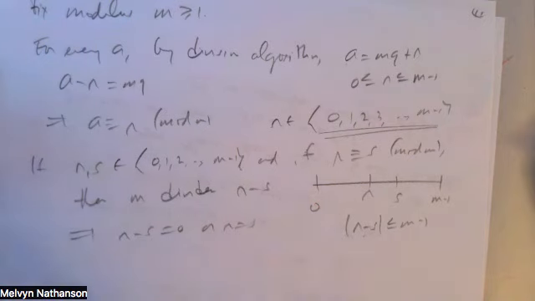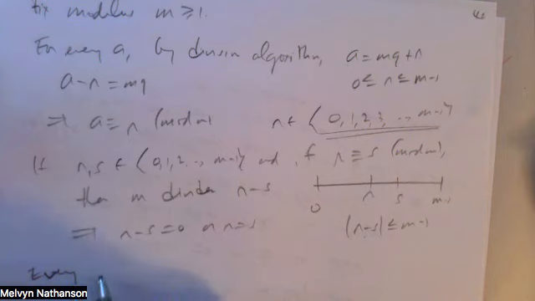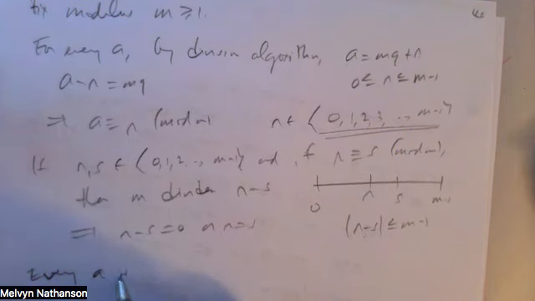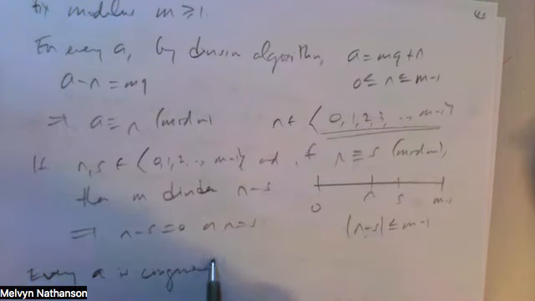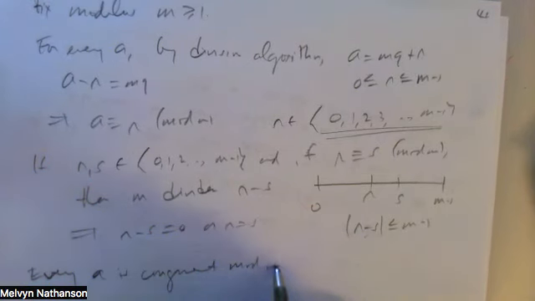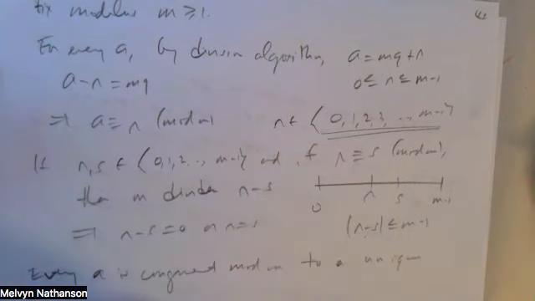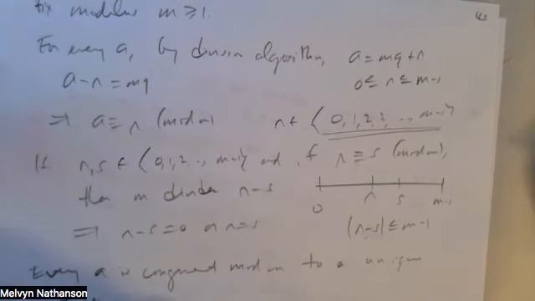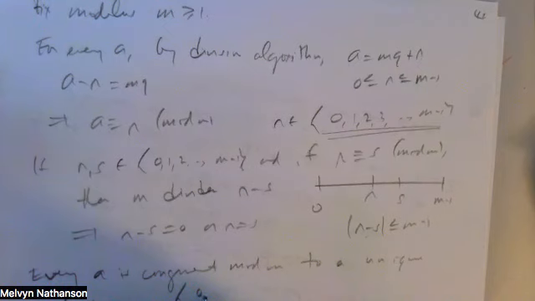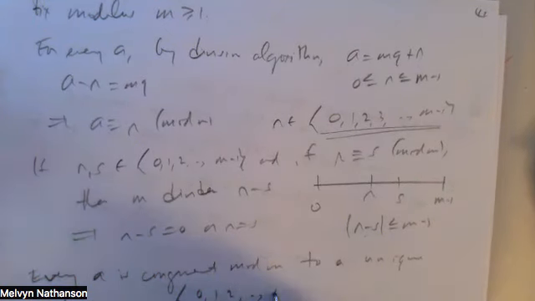So every integer A is congruent mod M to a unique integer in the set of numbers 0, 1, 2, up to M minus 1.